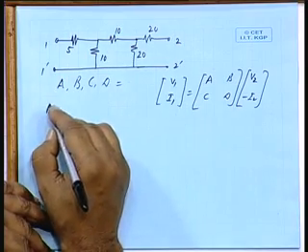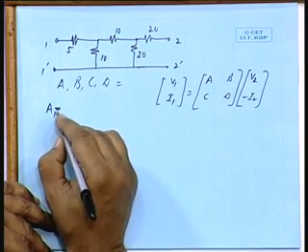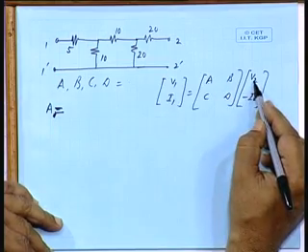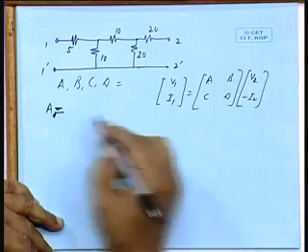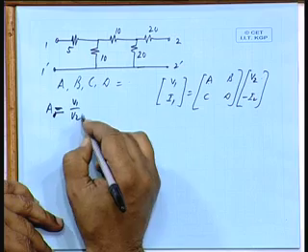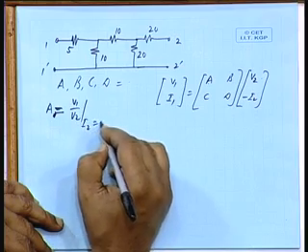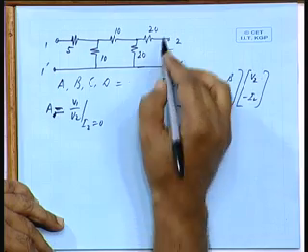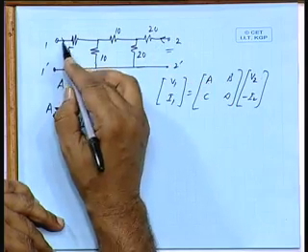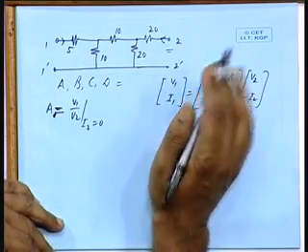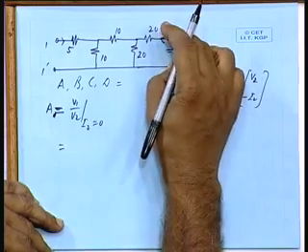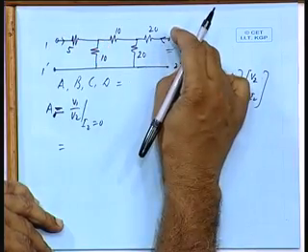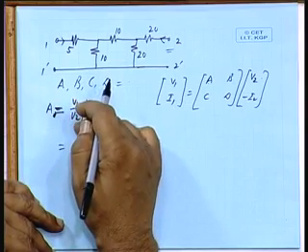So, A was V1 by V2 when I2 is 0. I2 is 0 means keep it open. This is I2, this is I1. Then measure this voltage; you apply a voltage V1 here, see what the voltage is, and then take the ratio V1 by V2.